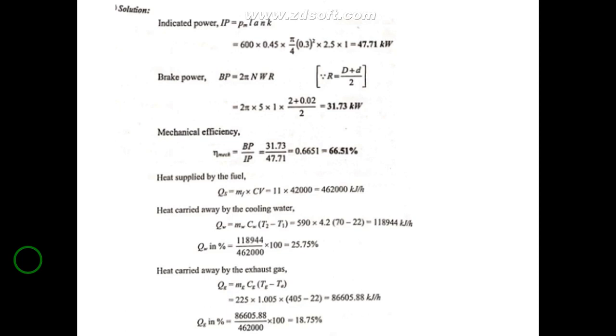Then we are going to solve the heat supplied, that is how much heat is given to the engine. We give heat to the engine by burning the fuel in the cylinder, and the fuel produces the heat. So we have to know how much fuel is burned and the calorific value of the fuel.